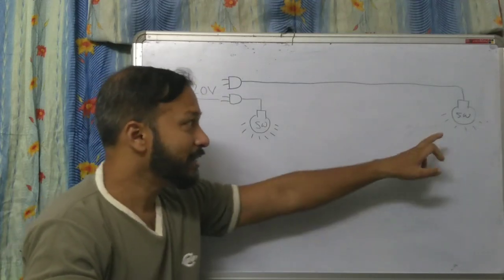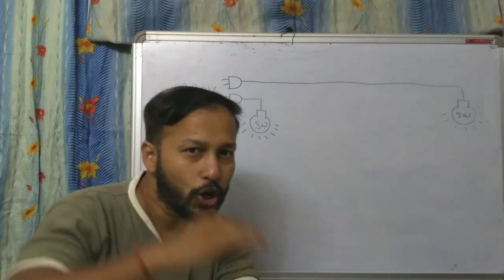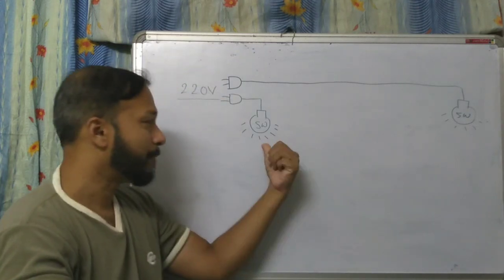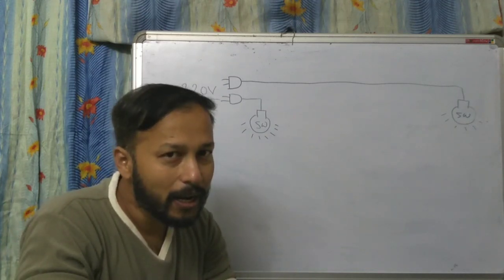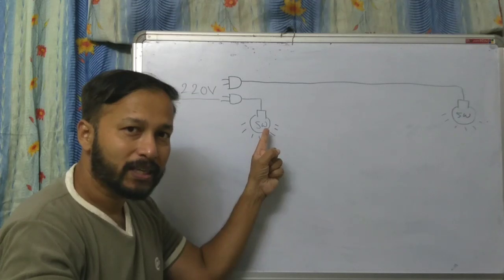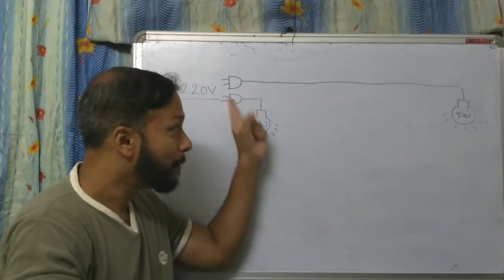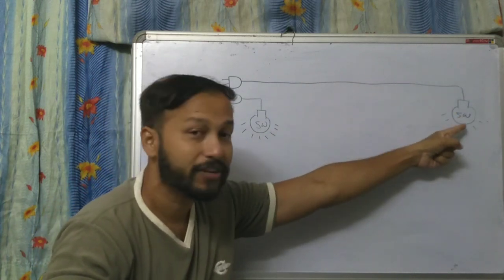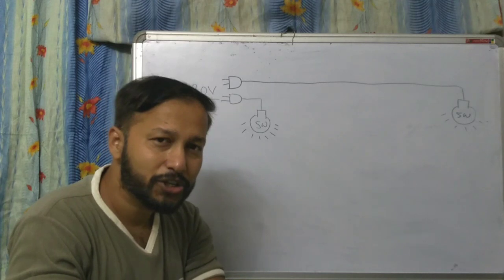Obviously, here you will see that the brightness of this bulb will be low, but here the brightness of the bulb will be higher. Why? Because here a higher amount of current is going, but here the amount of current which is reaching is less. Understood?